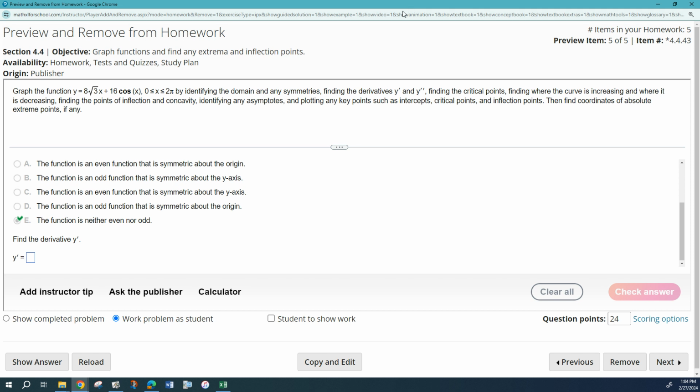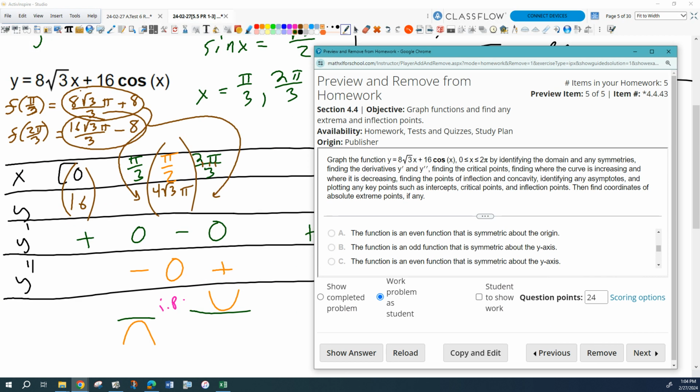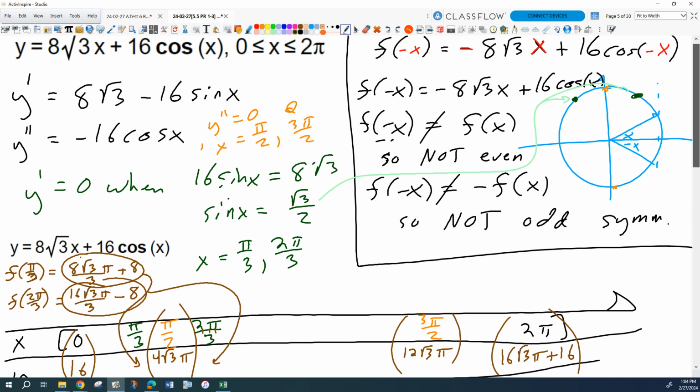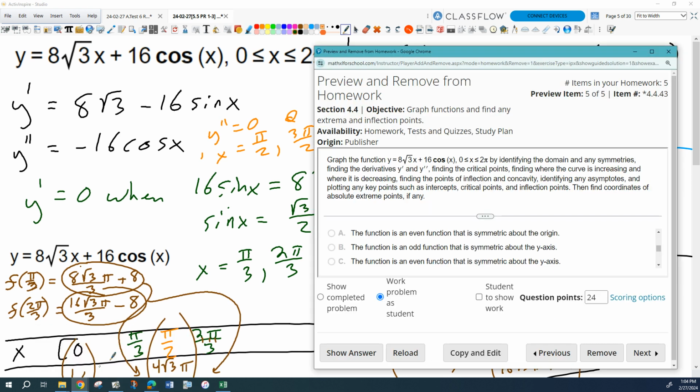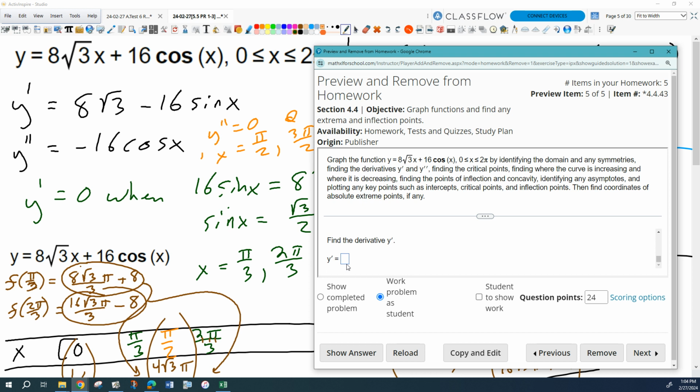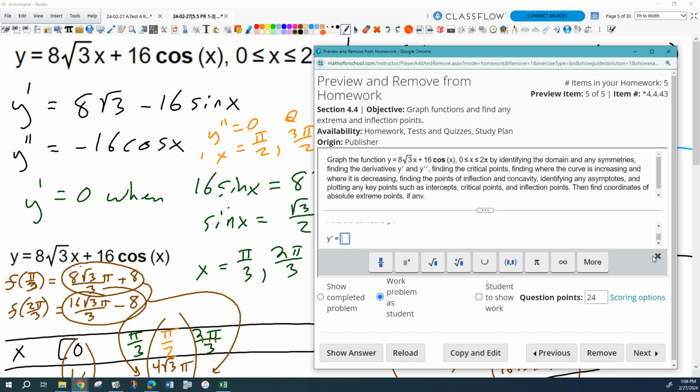First derivative, what do we get for first derivative? Got to go up a little bit for that. First derivative is 8 square root 3 minus 16 sine x.